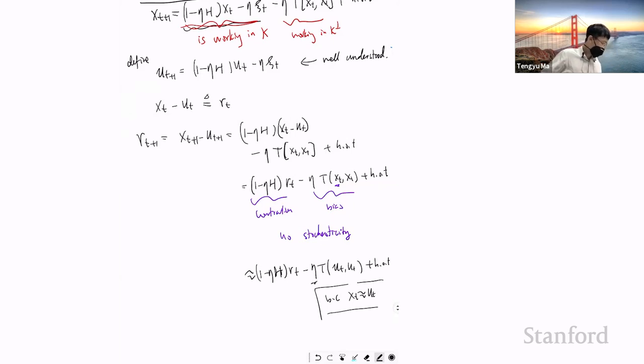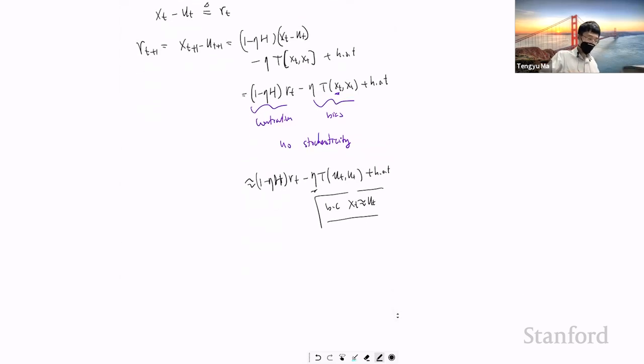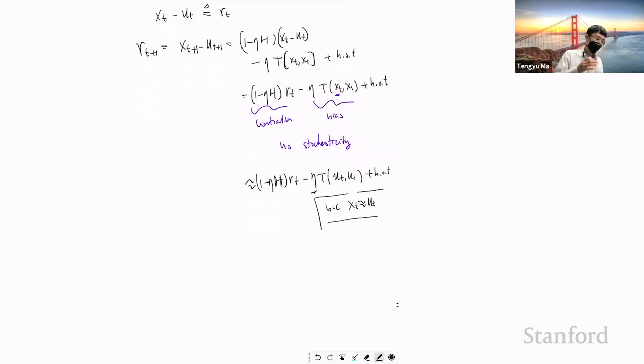Now, if you look at the diff in the subspace of K, which is the span of H, this is still a contraction. Because you have some additional biases, but the biases will be corrected by the contraction eventually.